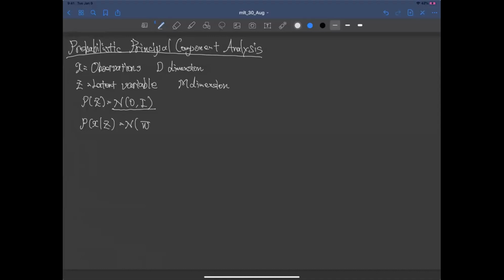Let's say the matrix is W. This matrix is D by M, because Z is M dimension.